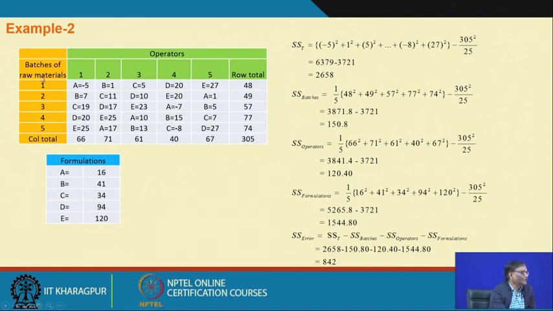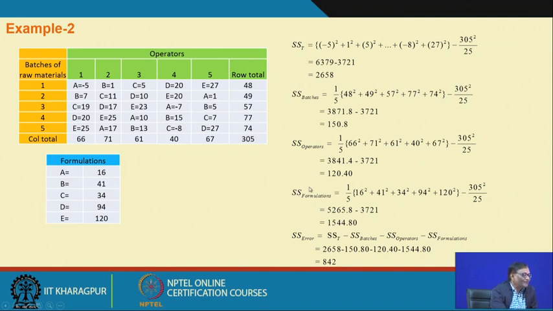When you are going for SS for rows, each of the row totals will be squared and their average will be taken, corrected by this value. When you are going for operator, that is the column case, SS columns, again the column totals will be squared and divided by the number of observations in the column total, and then subtracted by the correction factor.